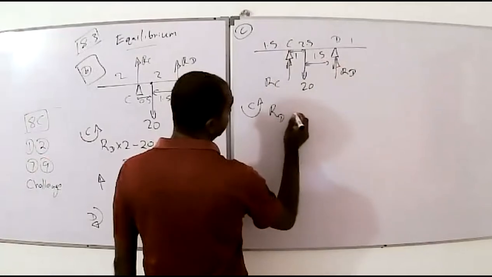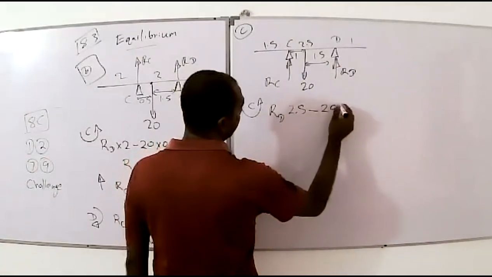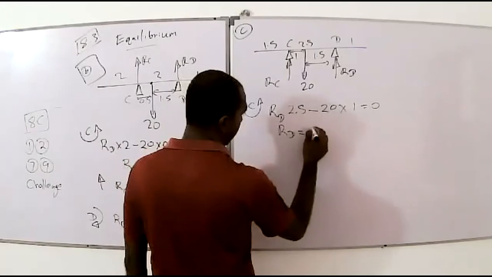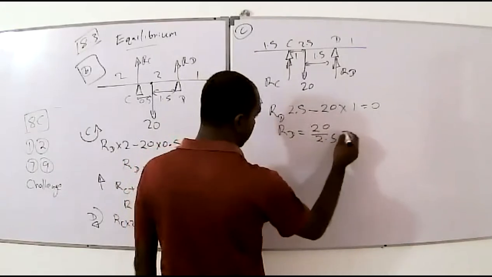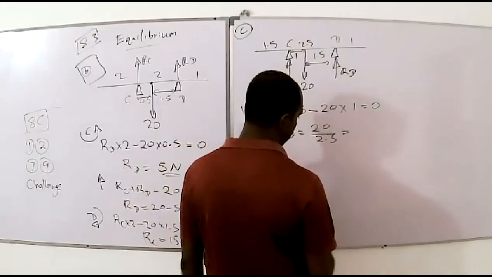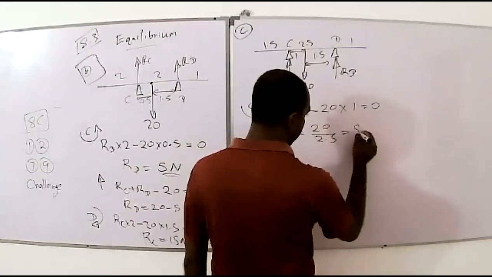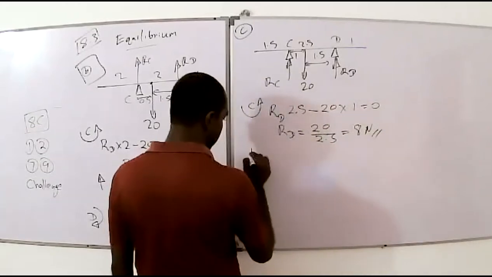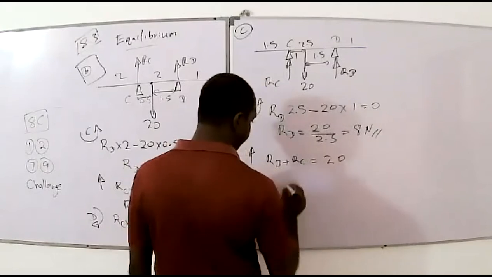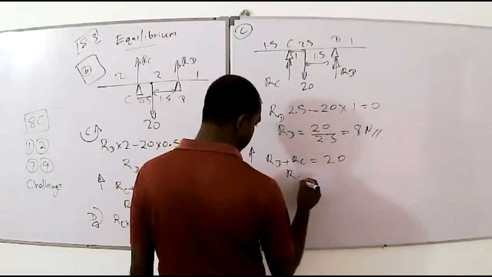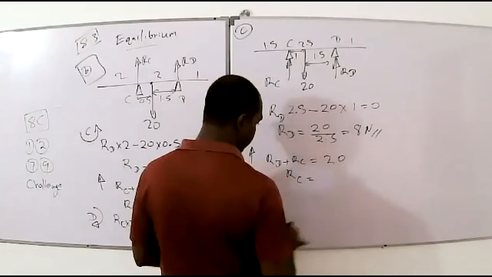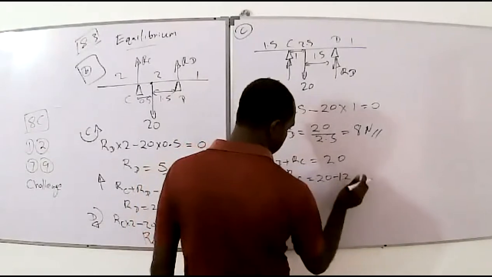So RD into 2.5 minus 20 into 1 is equal to 0. 20 divided by 2.5, like 8 newtons. To resolve now, RD plus RC is equal to 20. RC is equal to 20 minus 8.